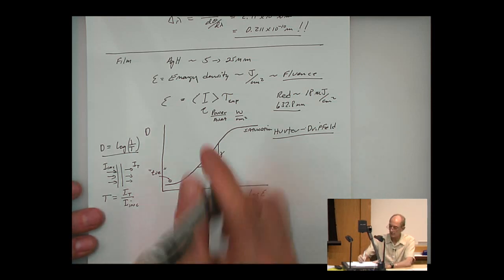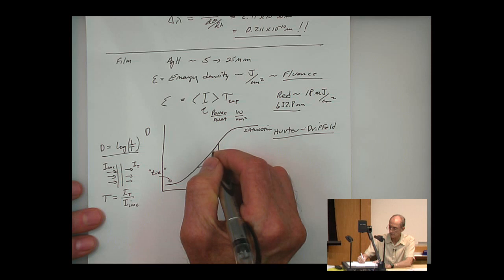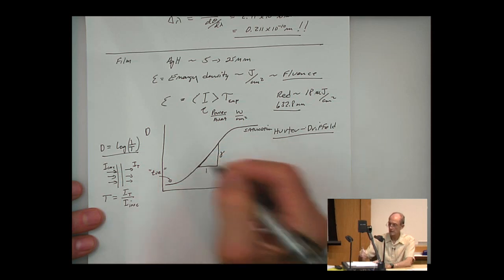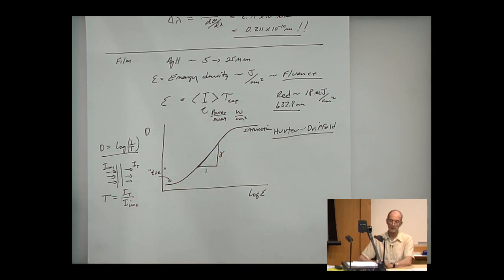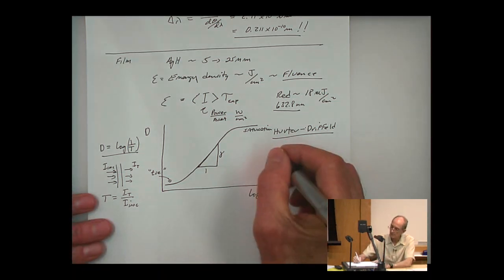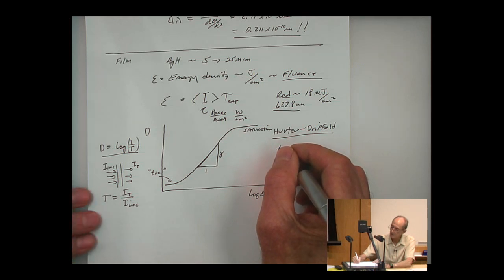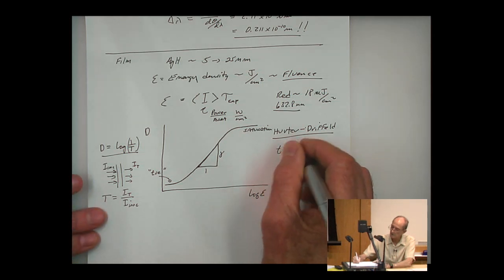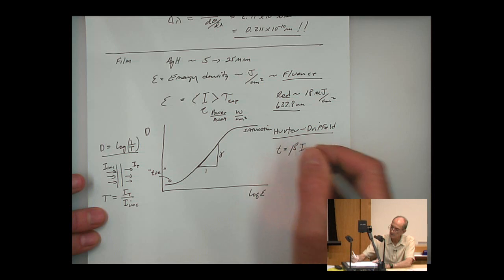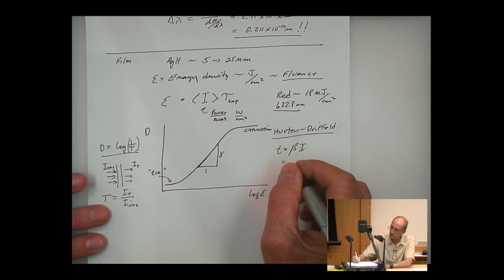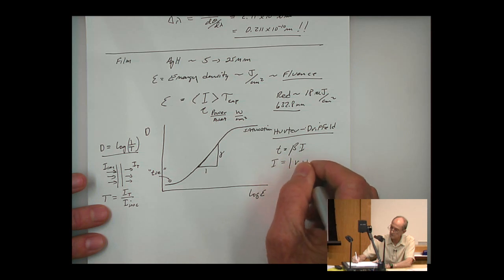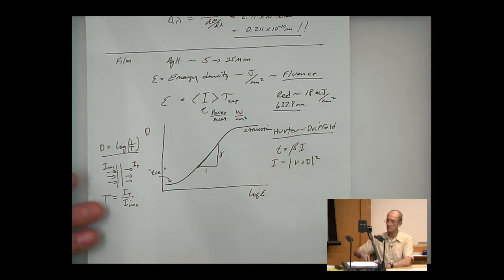And so again, we have something here which, although I didn't draw it quite linear, is pretty linear. Now, remember that in making a hologram, we have T equal to some constant, beta, times I, where I is equal to R plus O squared, right?